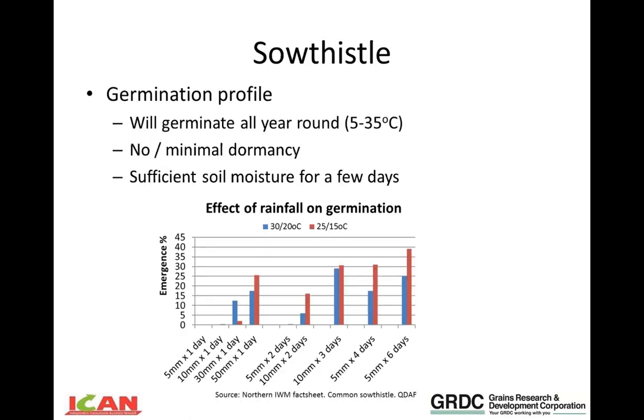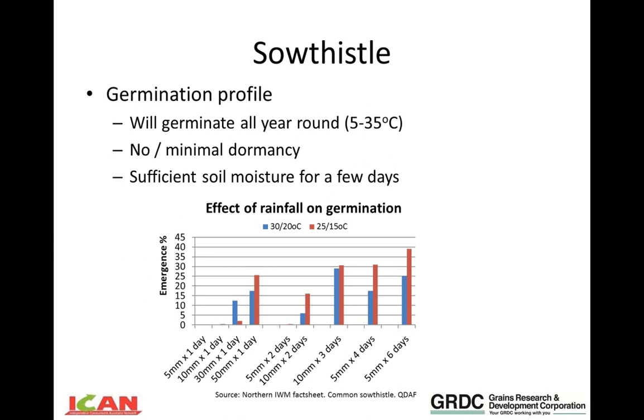All right, so we're all now looking at that slide on the sowthistle germination profile. This was a study done in growth cabinets with rain simulated using the spray cabinet. So that meant it was applied very precisely and evenly. The temperatures were controlled. The growth cabinets were set at either 30-20 or 25-15, and emergence was assessed over time.